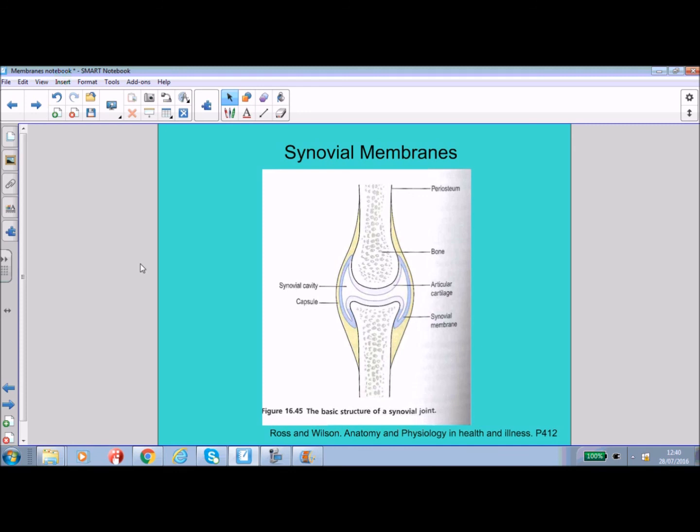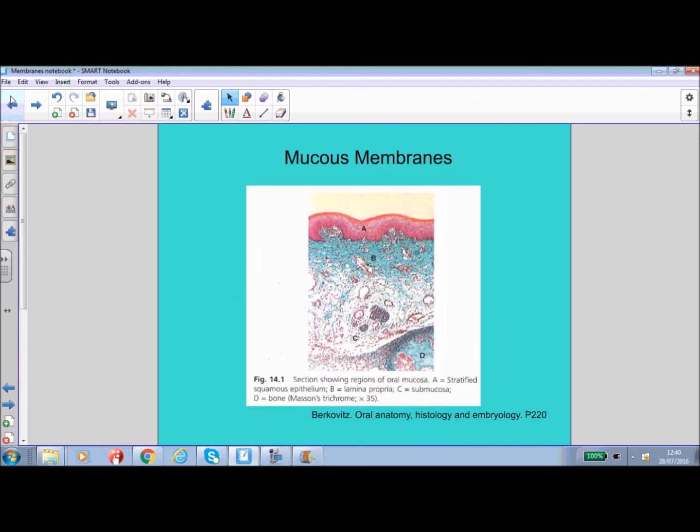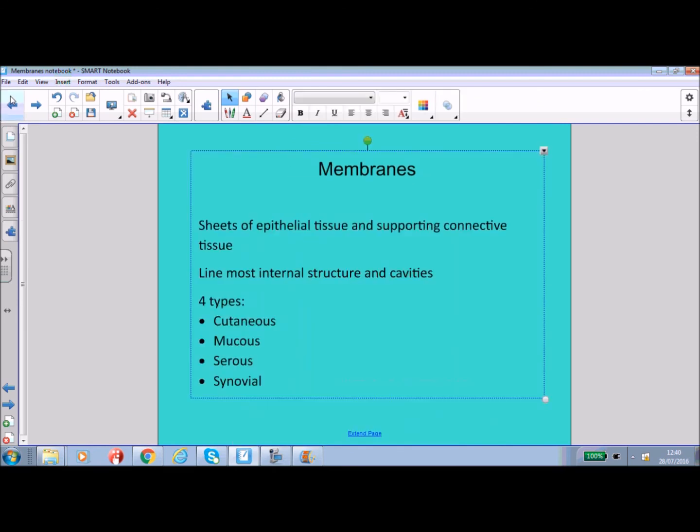So that's really run through the 4 different types of membranes. If we go back to the list there, cutaneous being your skin, mucous membranes having a protective and propulsion function because it secretes a sort of moist, slippery material, and we find that in the mouth and lining the tracts in our body that require movement, so the GI tract, urinary tract, respiratory tract.